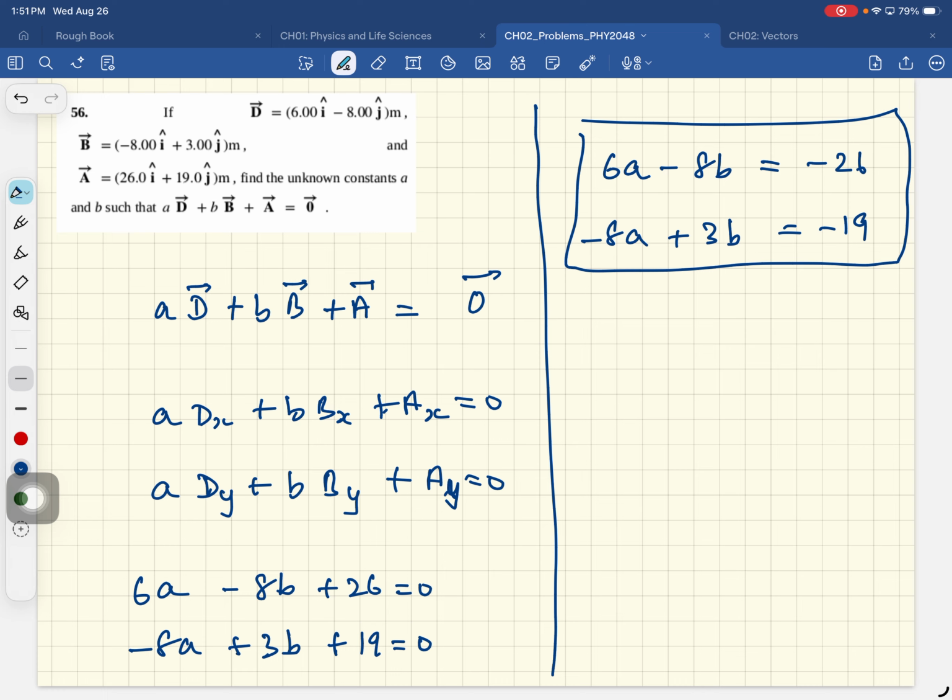But the dot product is also given in terms of the angle, DB cosine theta. Since we have the components, you can calculate this number, and you can calculate the magnitudes.